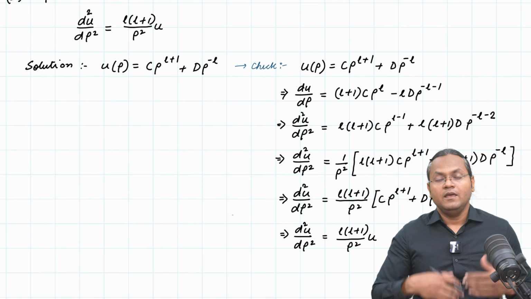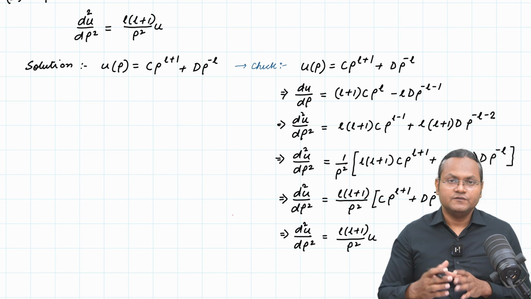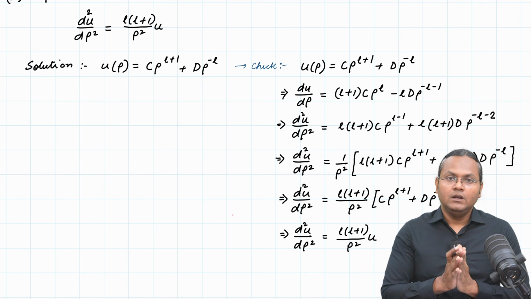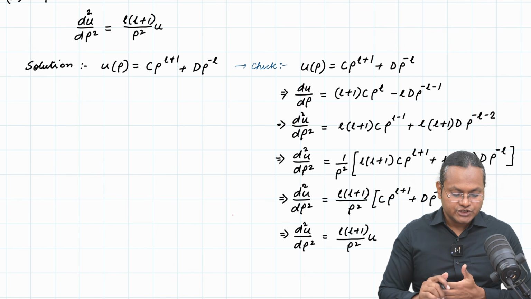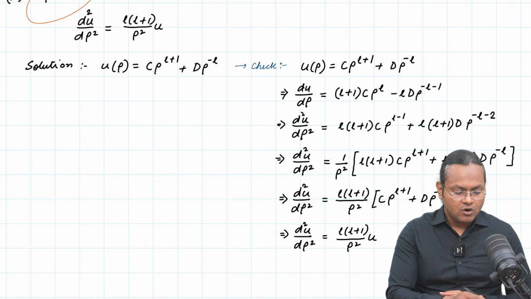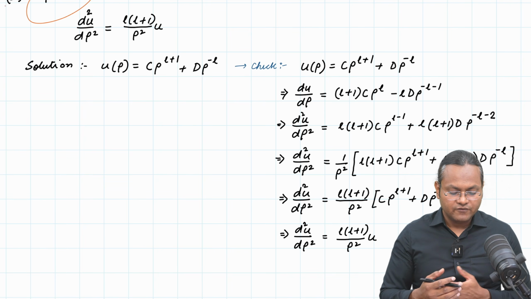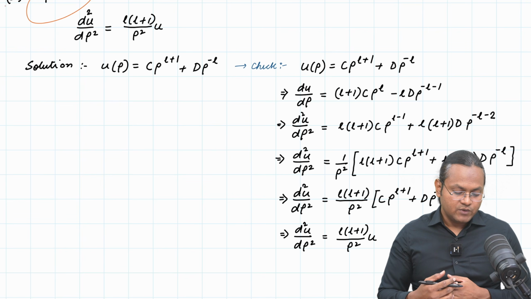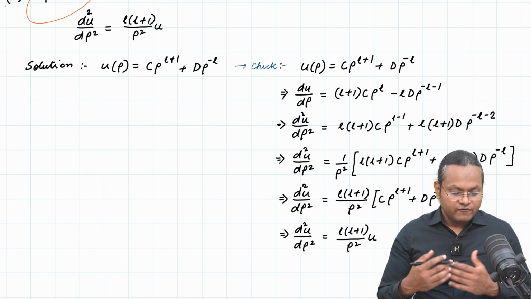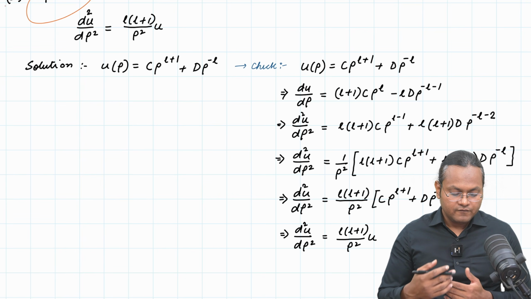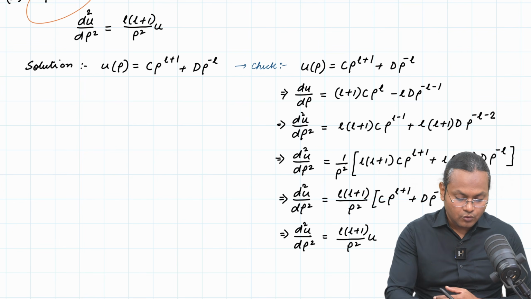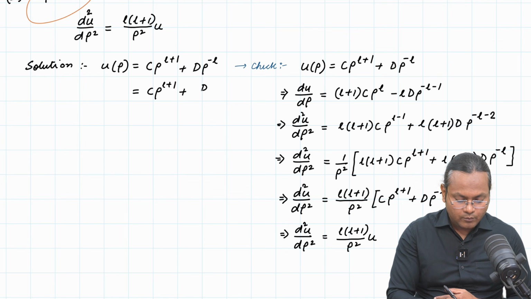However, again, imposing our behavior of some sort of a meaningful wave function solution, we have to check whether for very small values of rho or small values of r, does this wave function make sense? So for extremely small values of rho, this is nothing but C rho to the power l plus 1 plus D upon rho to the power l, right?